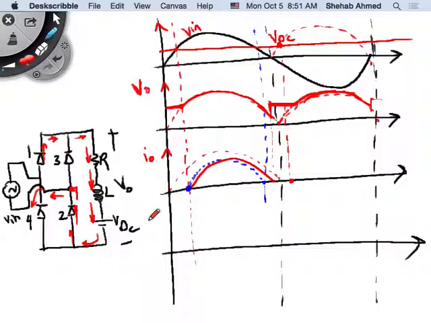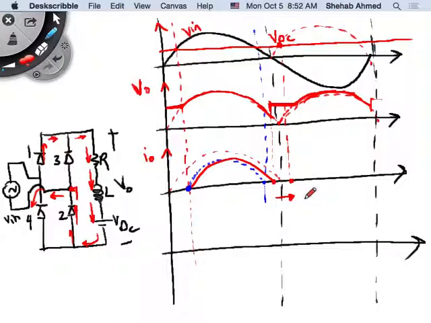Is it going to impede the current from flowing, or is it going to help the current flow, meaning move this point to the right, or move it to the left? Move it to the right if I increase the DC source.